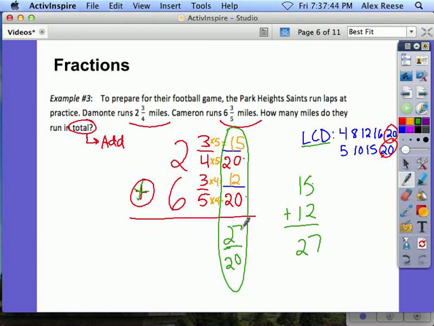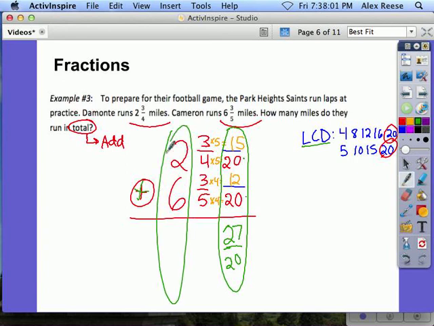So my answer is 27/20. That looks strange. Let's come back to that in a moment. Now I can't forget that I need to also stretch my circle for the whole numbers. 6 plus 2 equals 8. Right now, my mixed number is 8 and 27/20.